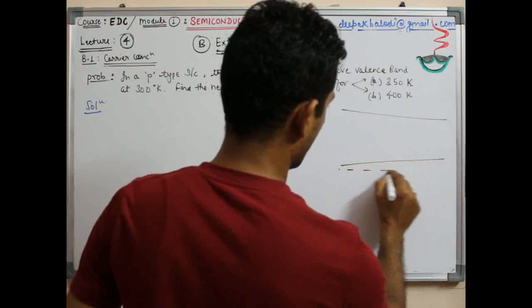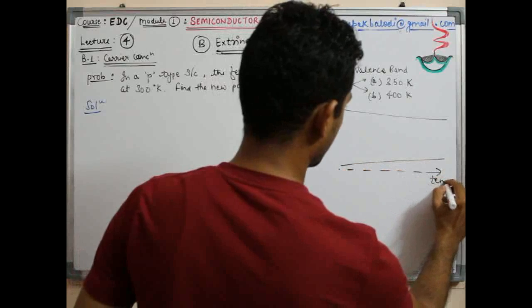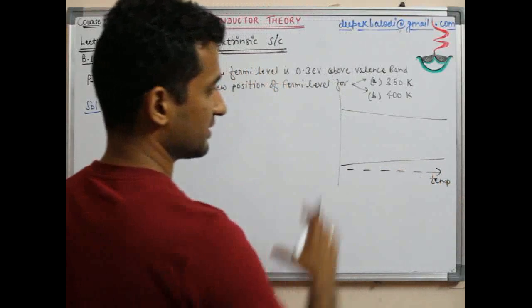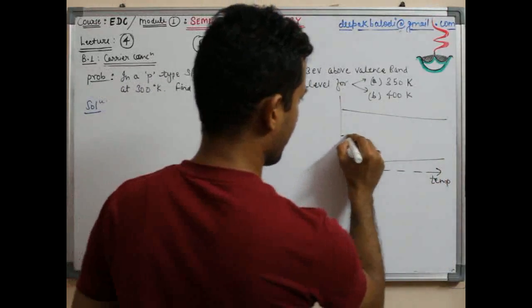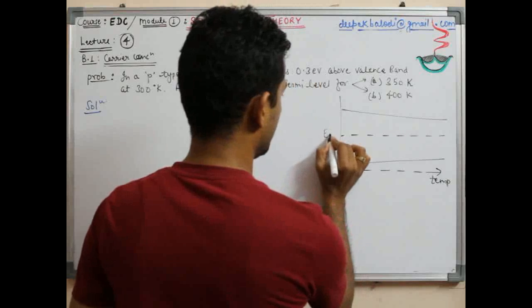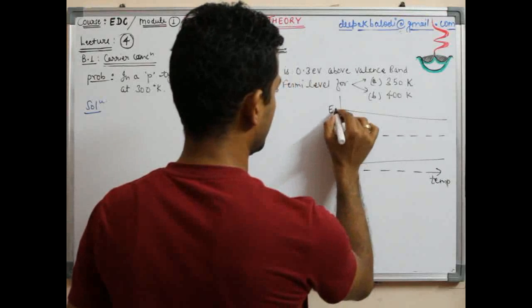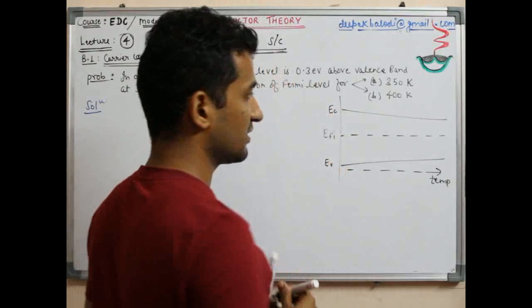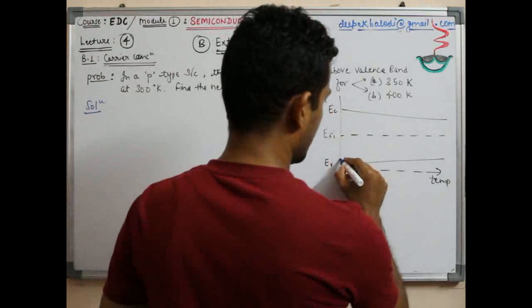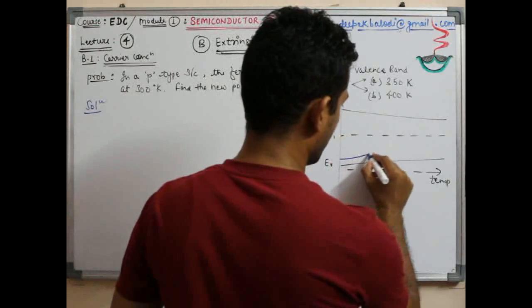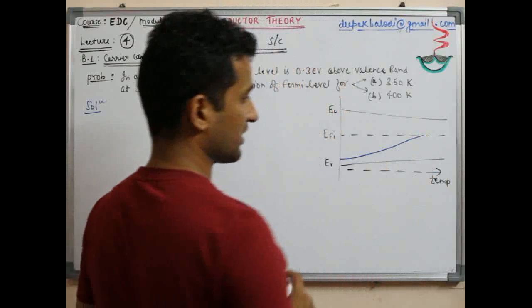if I change temperature in this direction, then the band gap reduces. Let's say this is EFi, this is EC, this is EV. Then for p-type we checked that if this is the case, the Fermi level comes like this.